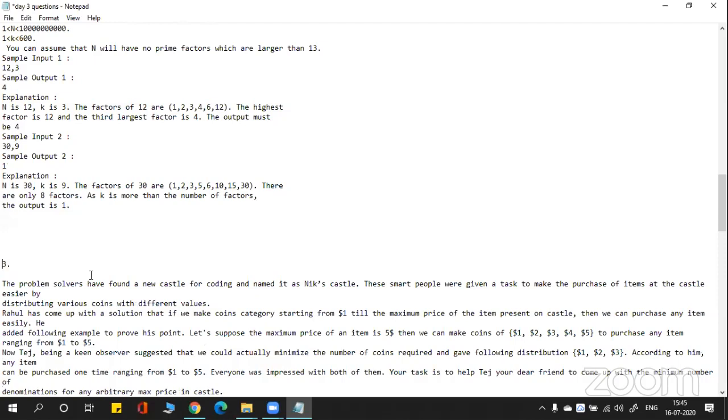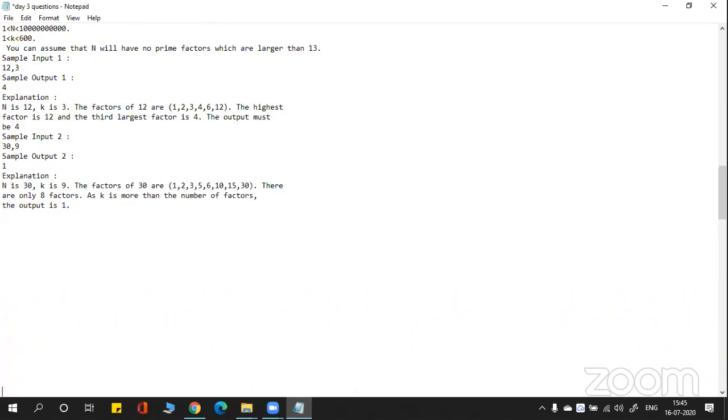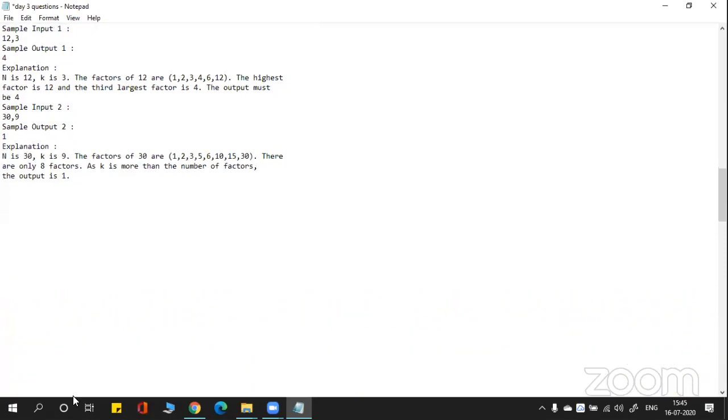We'll start writing the code. I'm starting from the main function. What are they giving us? They'll be giving two values. So I'm taking int n as one value and k as the other.